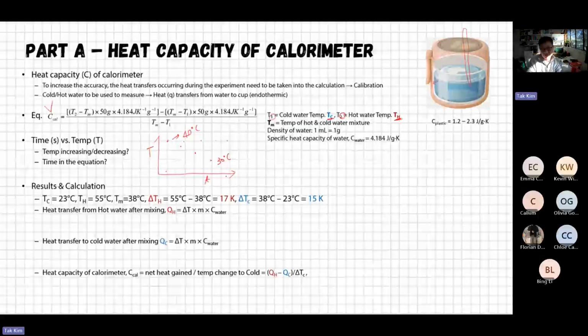So say this is like 1 hour. So this will be time, and this will be our temperature, right? So that is the complication we had, and this should be the largest factor affecting the accuracy of your result.